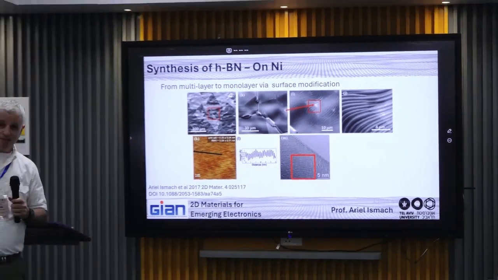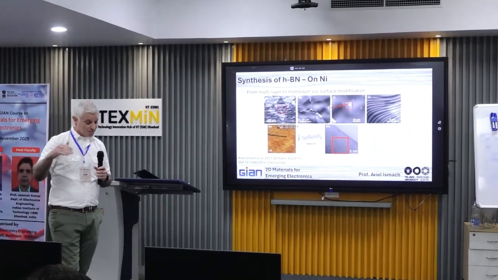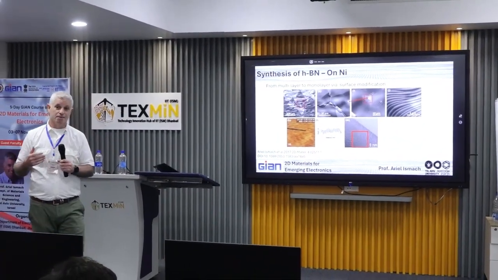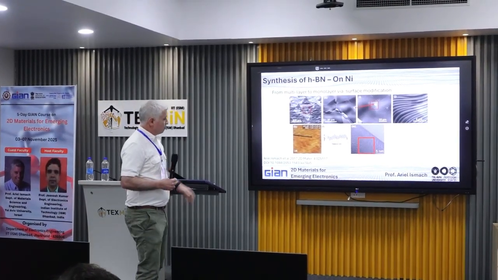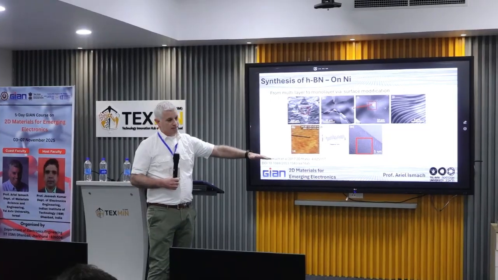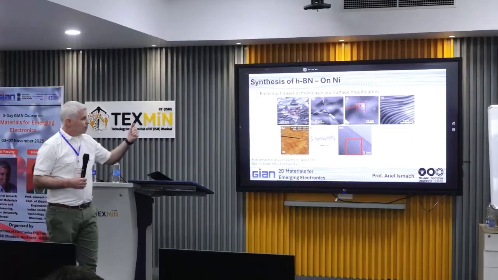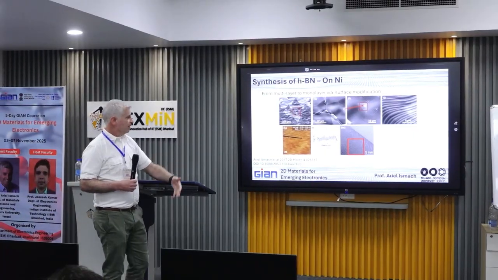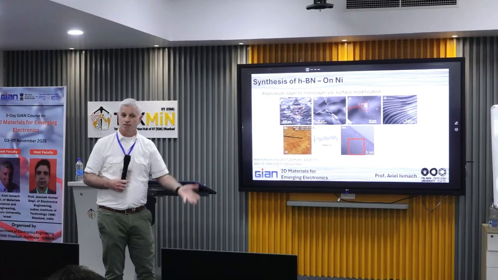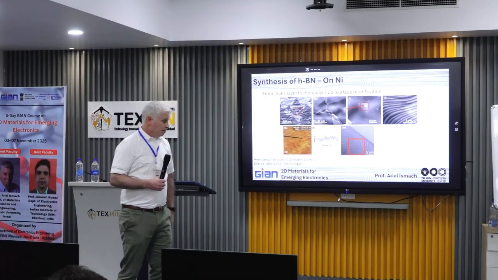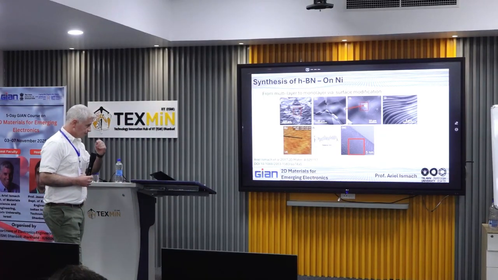You remember from yesterday that modifications of surfaces are very, very important in principle when we are dealing with such atomic materials that are all surface, right? So in this case, we have the surface of the nickel. Now the nickel, we know, has some solubility of boron and nitrogen, so they diffuse in, and this is the main reason for getting multilayer, because then they segregate out, very similar to the case of carbon in nickel.